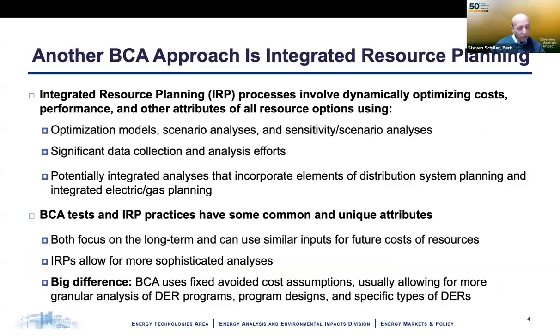Another thing I want to do before I get into the benefit cost analysis approaches I'm going to be discussing is talk a little bit about integrated resource planning. Very quickly, I don't want you to walk away thinking this is the only way to do benefit cost analysis. IRPs, integrated resource planning, is another approach. Many of you are probably quite familiar with it.